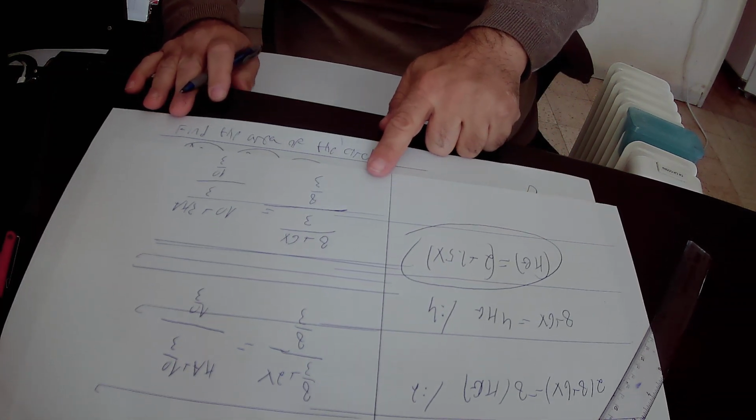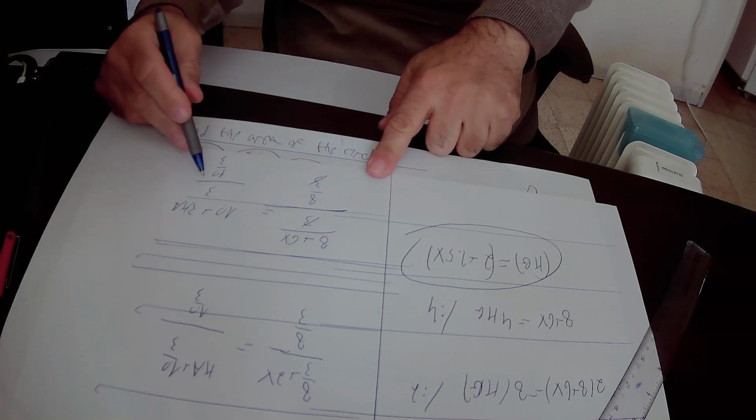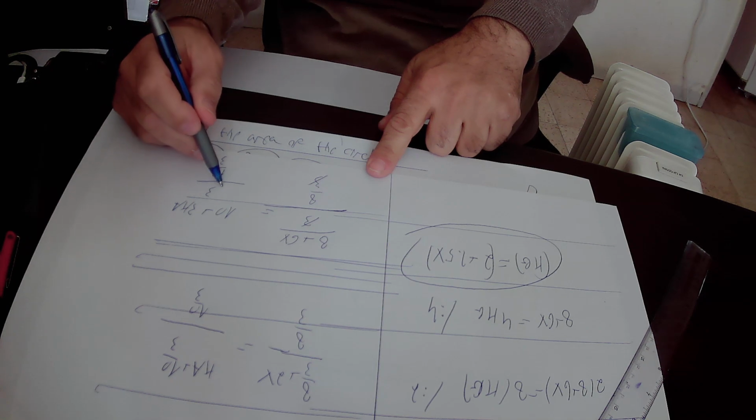So here we have 3 in the numerator and 3 in the denominator, so 3 will get cancelled. And here also we have 3 in the numerator and 3 in the denominator, so 3 will get cancelled.